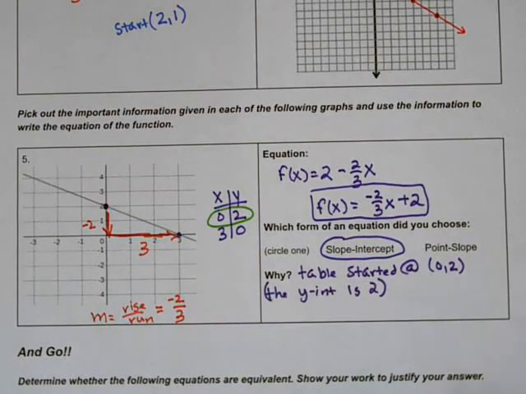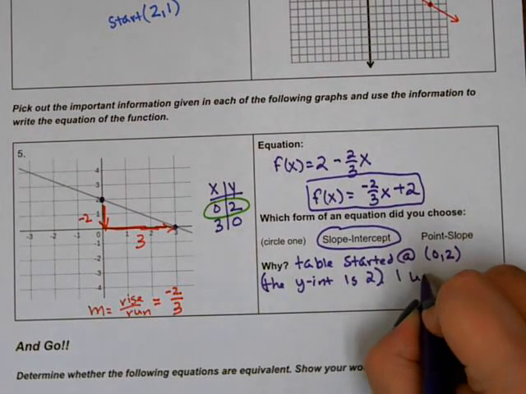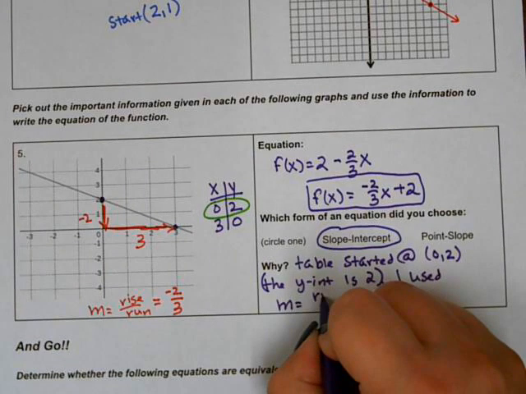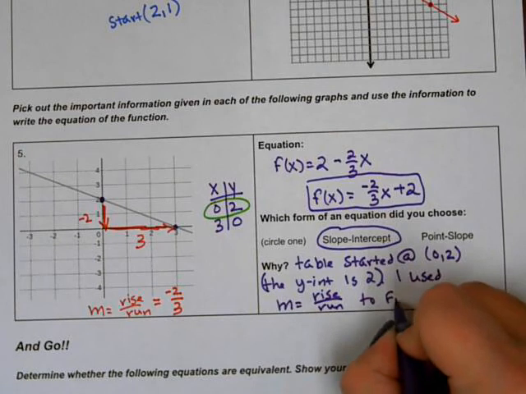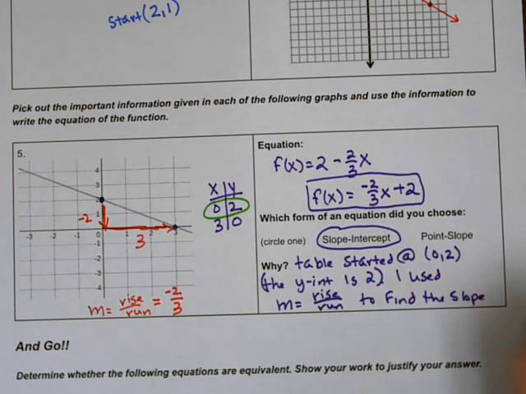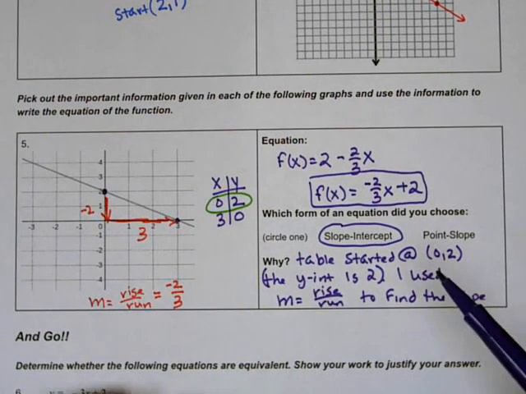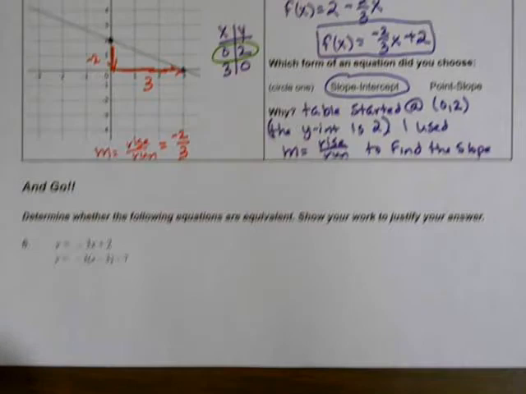And then we were able to use rise over run to find the slope. Now if we wanted, we could pick the point 3, 0 and do point slope form instead. All right, it's just a matter of what's the easiest and what's the quickest.